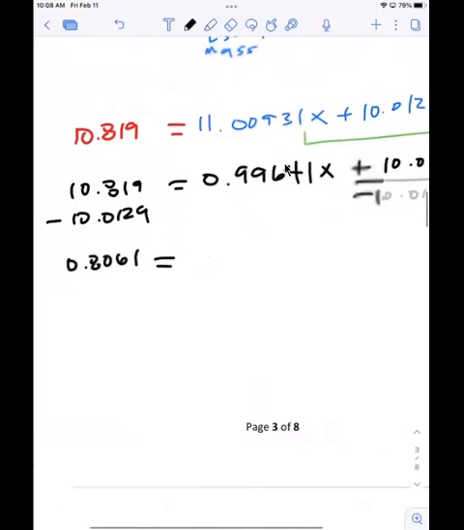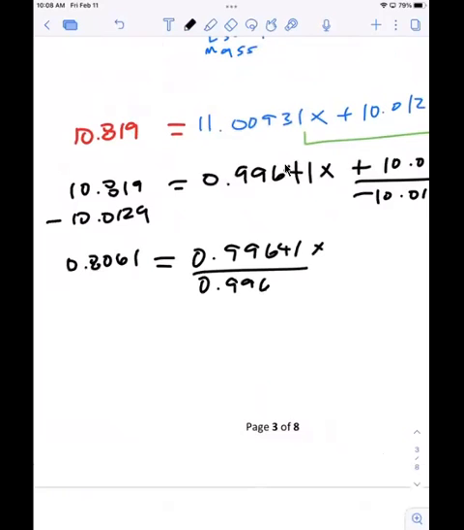0.8061 equals 0.99641x. So now we're just going to solve for x. That's going to cancel, so this will be 0.8061 divided by 0.99641. And what is x for the US boron? 0.809.